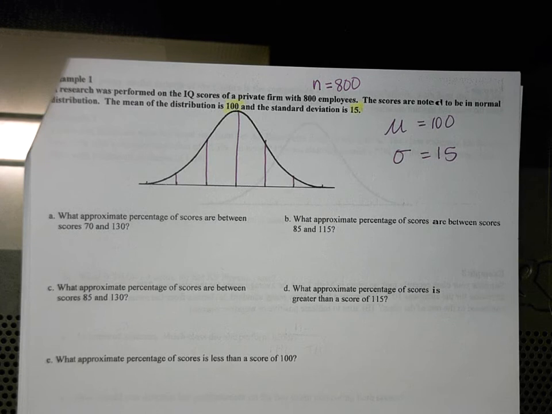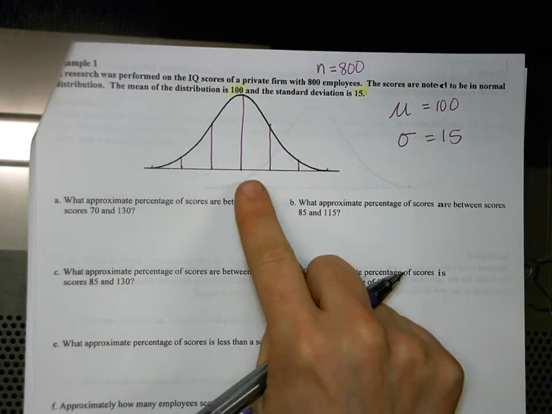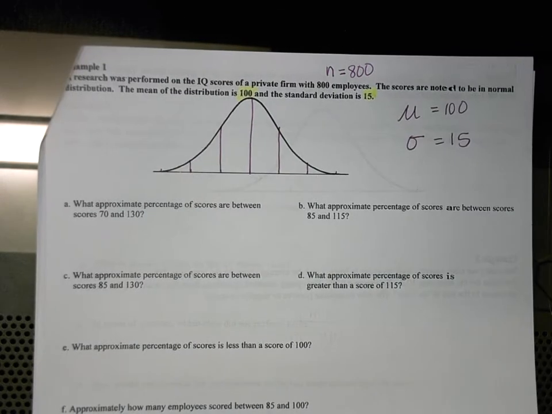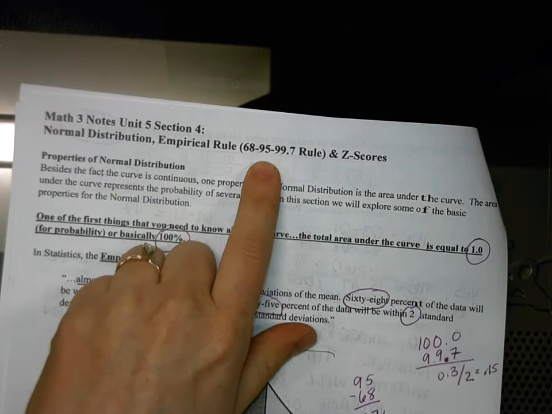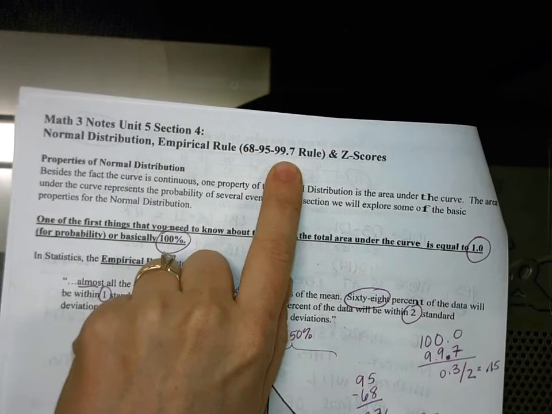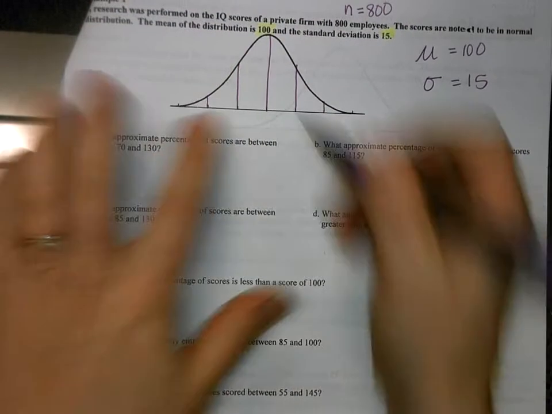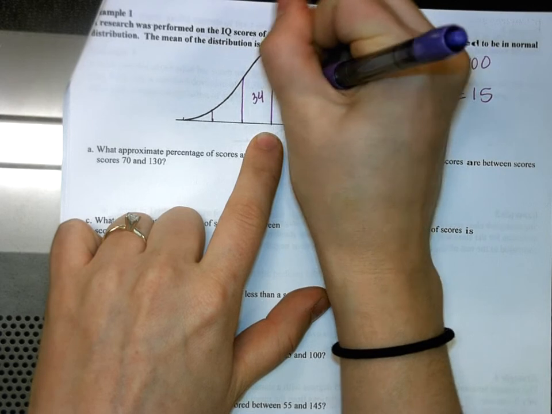So you need to remember how to set up this bell curve. Remember the 68, 95, 99.7 rule in order to distribute this data. So we know that 68% is in the middle, so this is 34% and 34%.